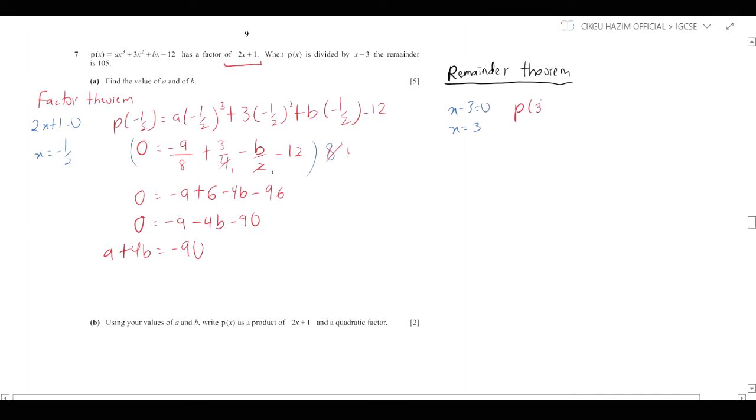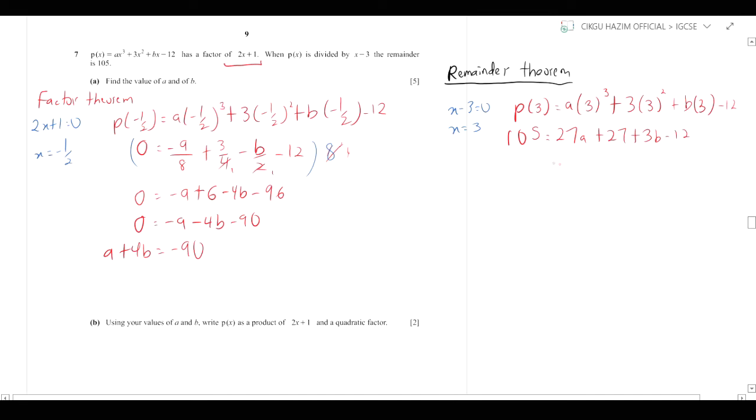So p(3) equal to a(3 cubed) plus 3 multiplied by 3 squared plus b multiplied by 3 minus 12. Be careful, don't miss that. So 105 as a remainder, and here becomes 27a plus 27 plus 3b minus 12.